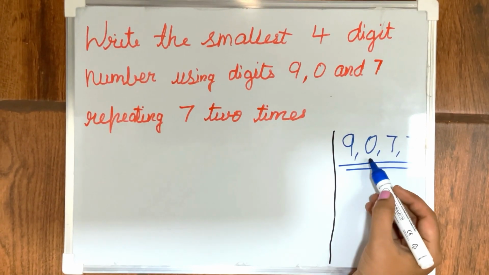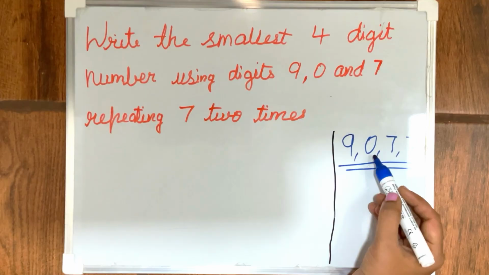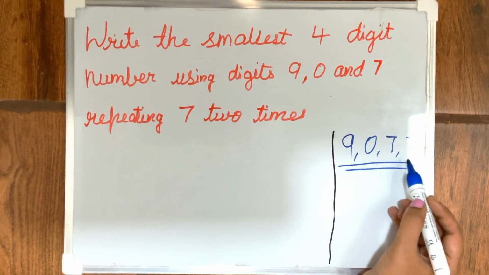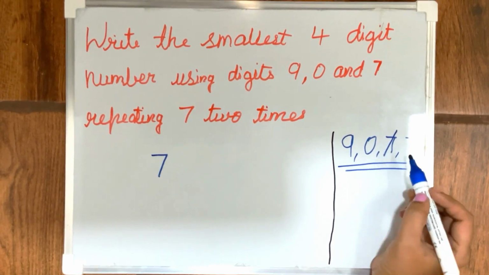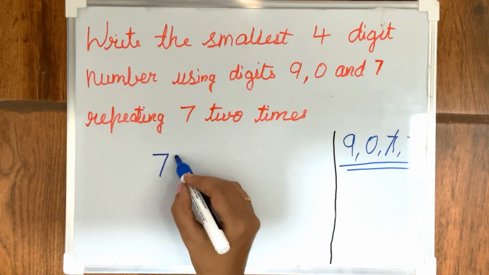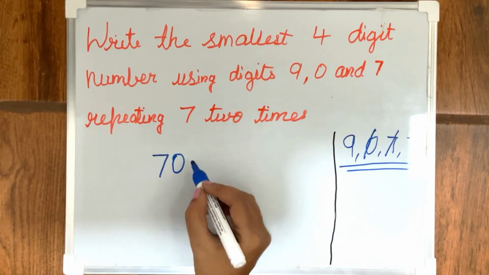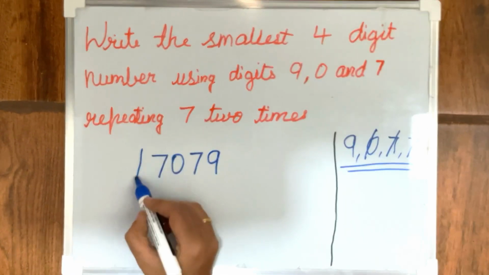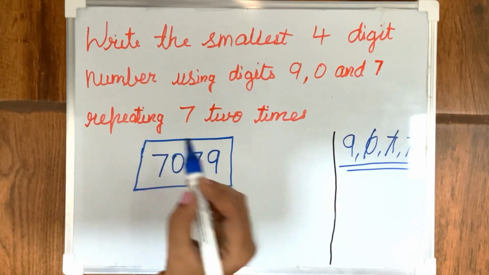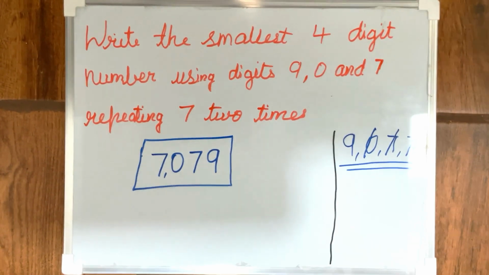So we can't put 0 in the first digit. So we move on to the next smallest digit among these three, which is 7. So 7. This is done. Next, which is the smallest? 0. Next, 7. Remaining is 9. So the smallest 4-digit number is 7079.